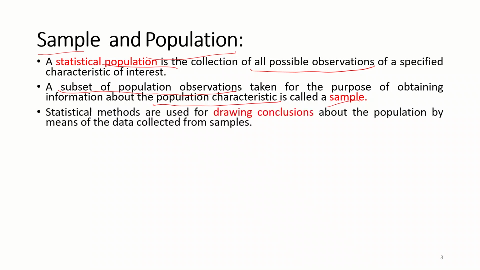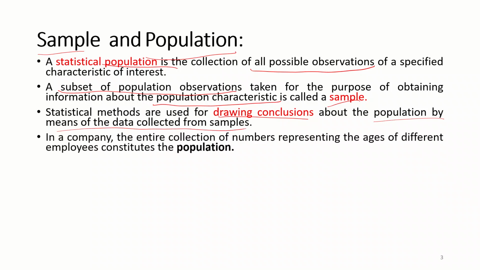That's a sample. Statistical methods are used for drawing conclusions about the population by means of data collected from the sample, because taking the population is way harder than taking the sample.